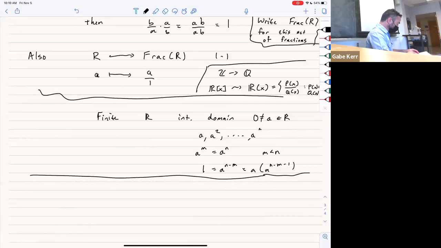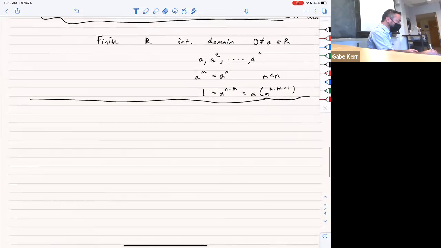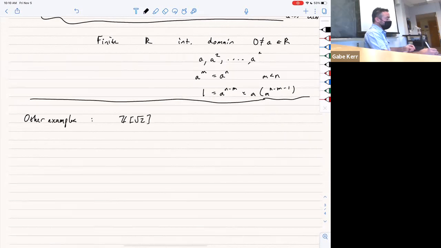Of course, you can also do things like take, well, okay, so other examples, I'm getting a little sloppy here. Other examples would be something like take the integers, adjoin the square root of 2 into the integers, and if we take their field of fractions, we'll still just get the rationals with square root of 2 adjoined.